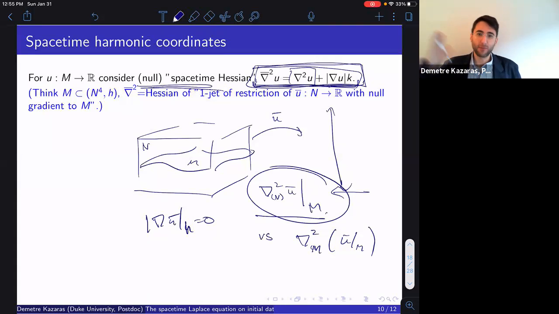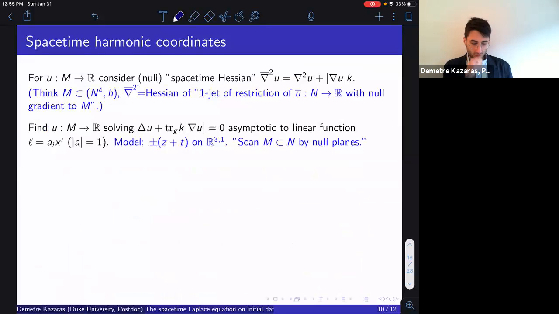So it's kind of like the spatial part of the restriction of the space-time Hessian to a spatial hypersurface. That is what this space-time Hessian is. And we say null because this is under the assumption that the gradient of u bar is null. Point being, it's just a way of defining a Hessian which reflects the tensor k.